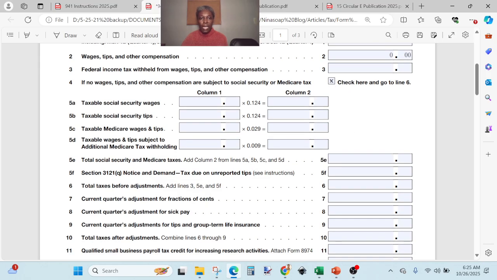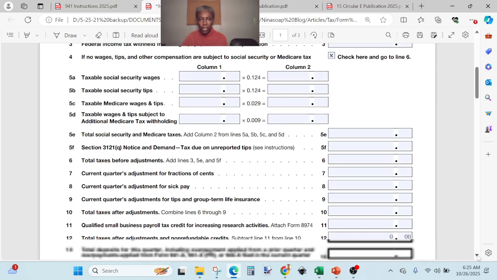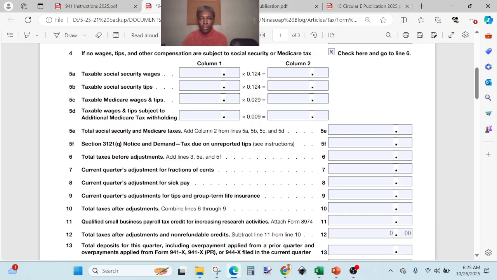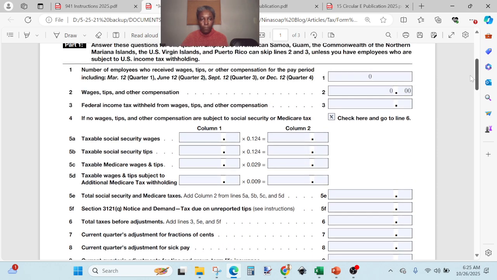Line 6 is asking, is there an adjustment before tax? Line 6 is asking you to total those taxes that you claim of withholding or paying from those wages. That includes line 3, tax withheld, and line 5, Social Security and Medicare, which total to line 5e.